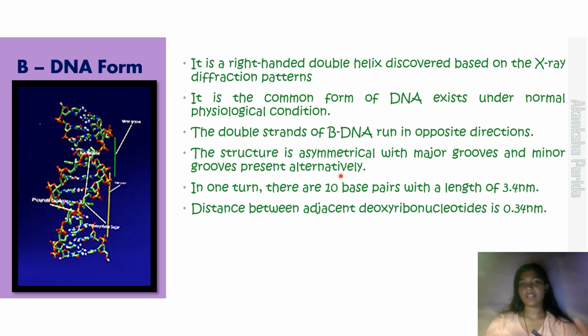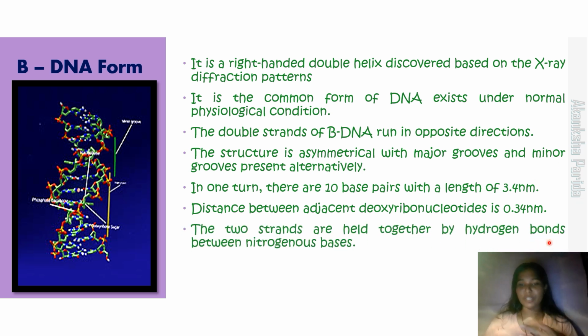It is for the same reason, that the glycosidic bonds of a base pair are not diametrically opposite to each other, and major grooves and minor grooves are present alternatively. In one turn there are 10 base pairs with a length of 3.4 nanometers. The distance between adjacent deoxyribonucleotides is 0.34 nanometer.